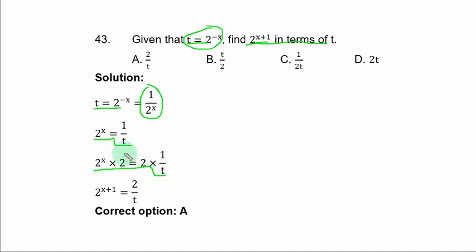So if the power here is 1, from the multiplication law of indices, you multiply the same base, you add the powers. So you have 2 power S plus 1 is equal to 2 over T. A is the correct option.